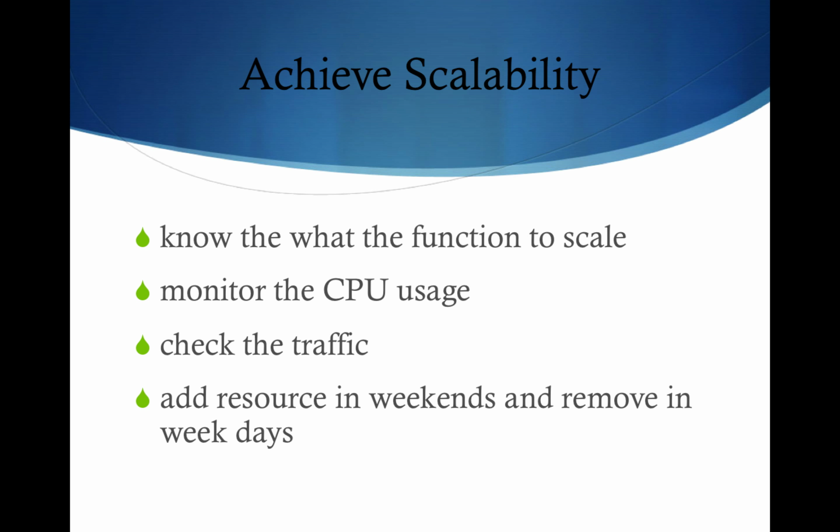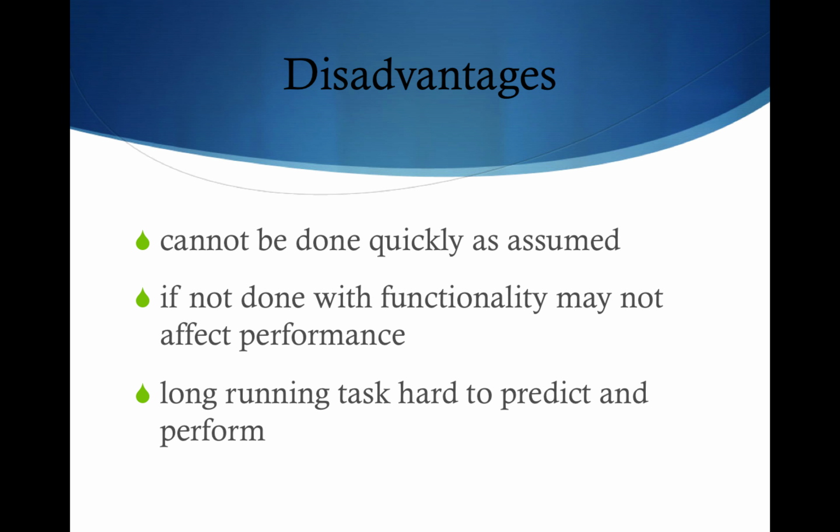The way to achieve scalability is we regulate and look at the CPU usage. If it is more than 80%, then we assign a new VM, and if it is less than 40%, we can remove a VM. Or we can look at the traffic in the DCs and assign VMs based on that, or monitor the peak hours and down hours and automatically assign the VMs based on that.